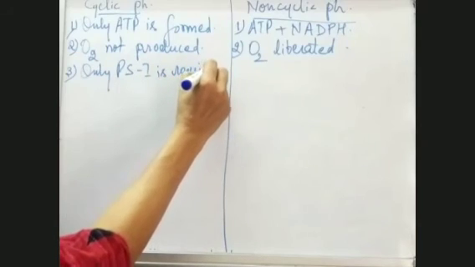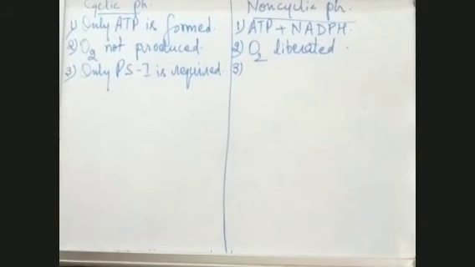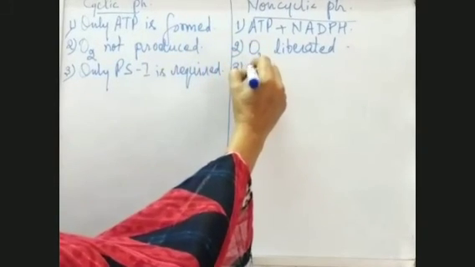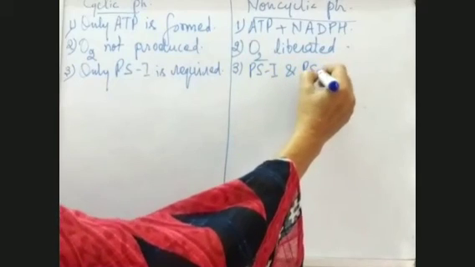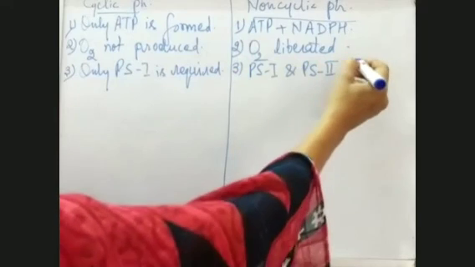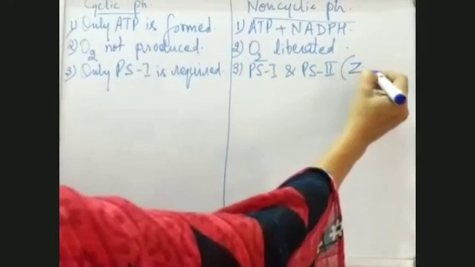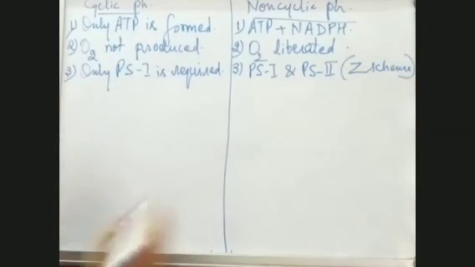Whereas in non-cyclic photophosphorylation, PS1 and PS2 both are required, and as a result you would have seen the Z scheme. So both the photosystems are required in non-cyclic photophosphorylation.